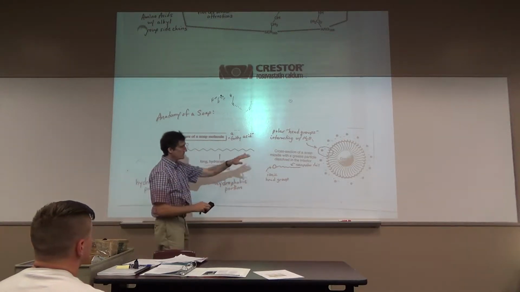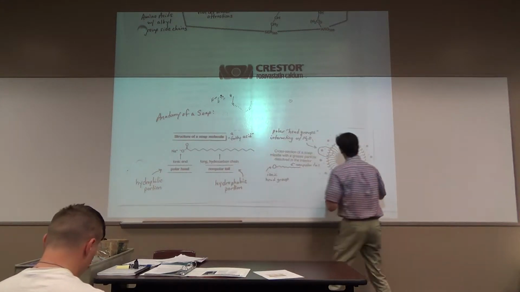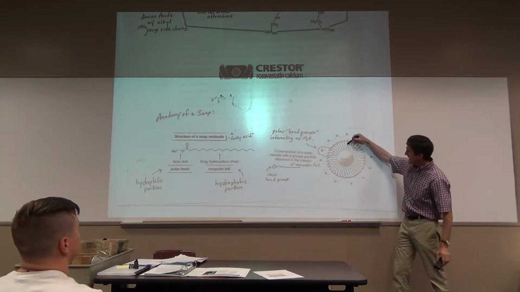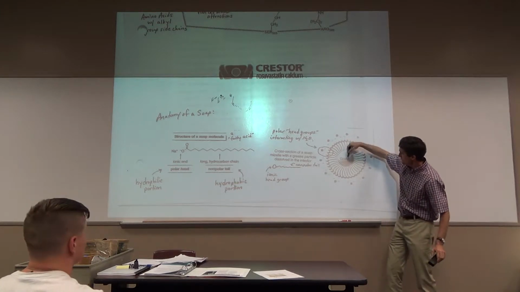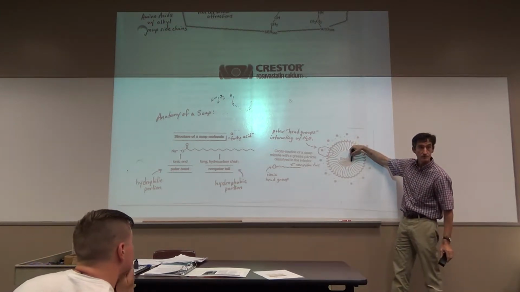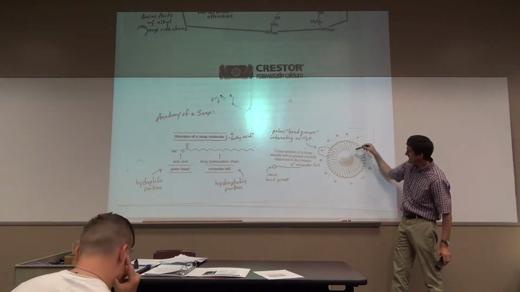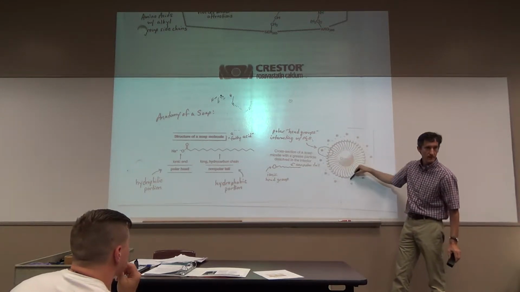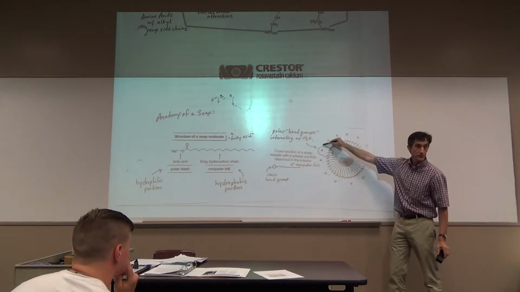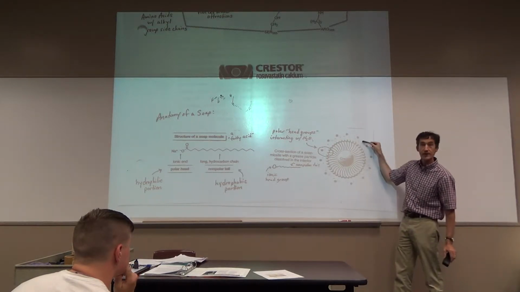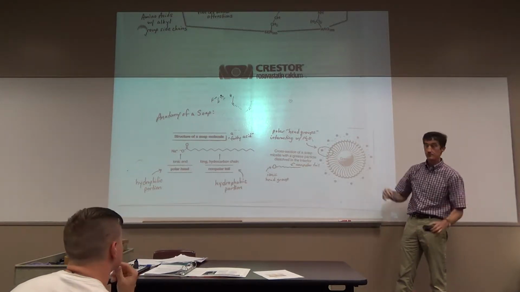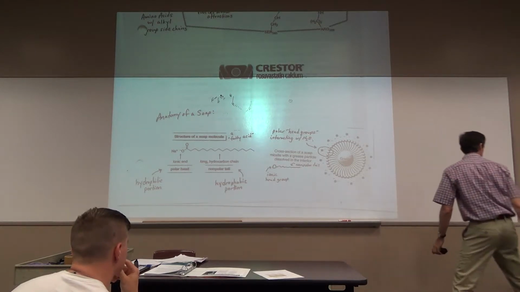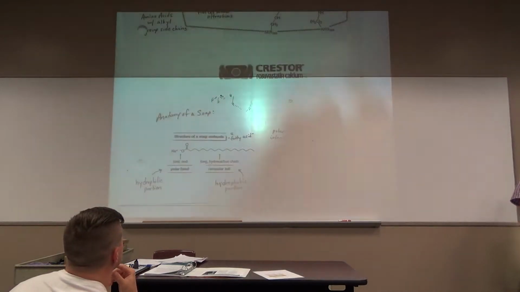And also, the fatty portions of the long chains can coordinate with the grease molecule. But if it does like this, what's on the exterior of this sort of complex? The polar portions. And the polar portions can interact with the water. Okay? So that's typically what soaps are.